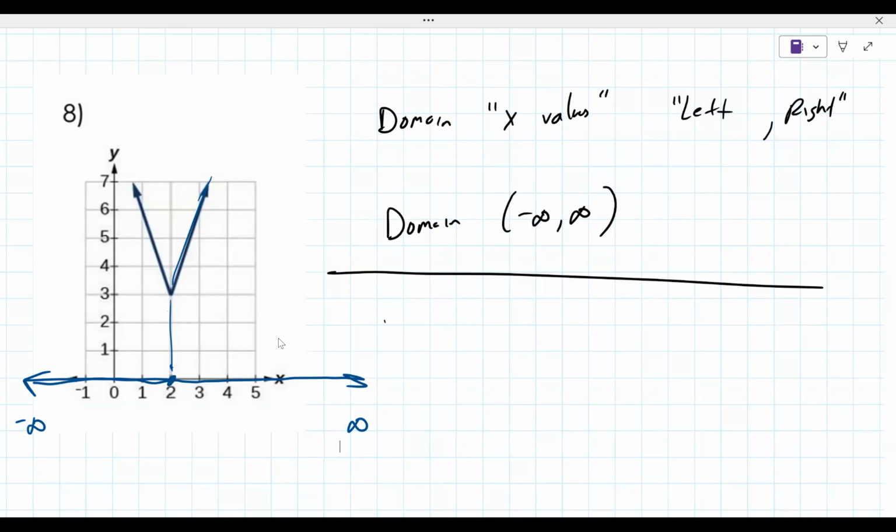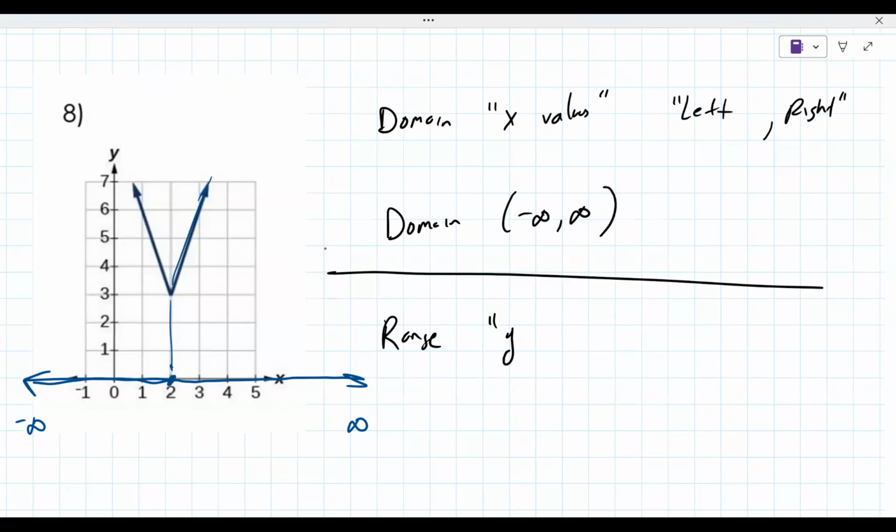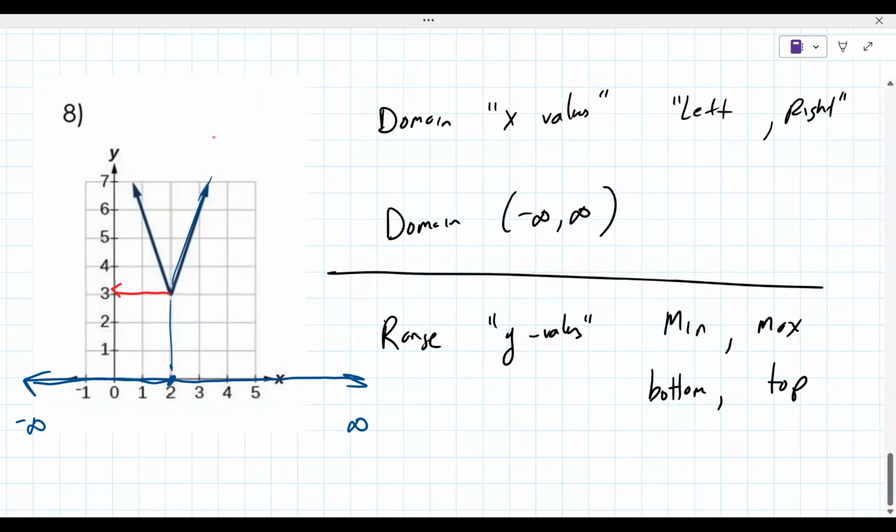But the range would probably have a set point, wouldn't it? So the range is different, right? The range is the y values, and it's the min to the max, the bottom to the top. Another way to do it is to imagine you're pushing everything to the axis, saturating the axis.